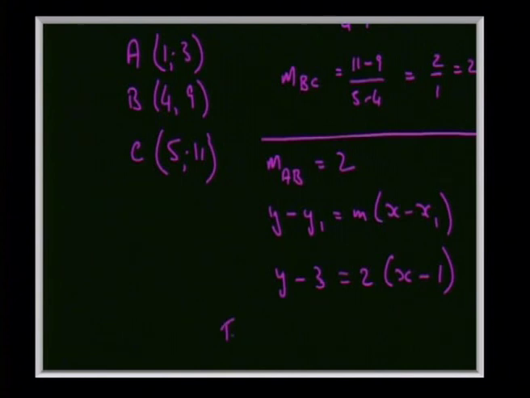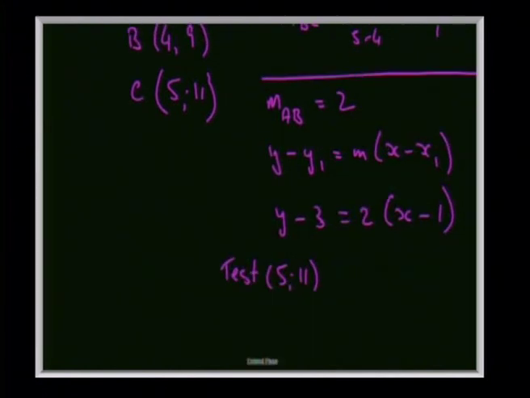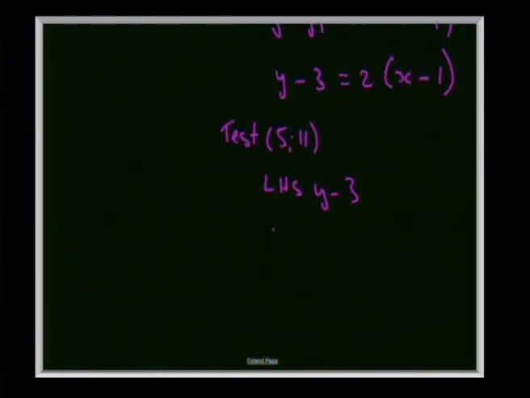I'm now going to test the point (5, 11). On my left-hand side, I have y minus 3, which would be 11 minus 3, which gives me 8. On my right-hand side, I have 2 into (5 minus 1), which is 2 times 4, which is 8.